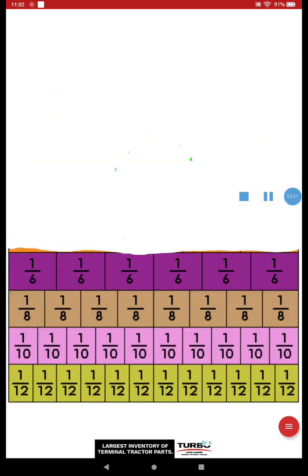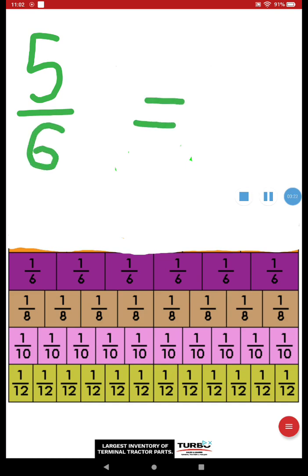All right, guys, let's take a look at 6ths. What if I have 5/6? Can you tell me how many 12ths that would be? Well, let's use the rainbow fraction tiles. Let's circle 5/6.